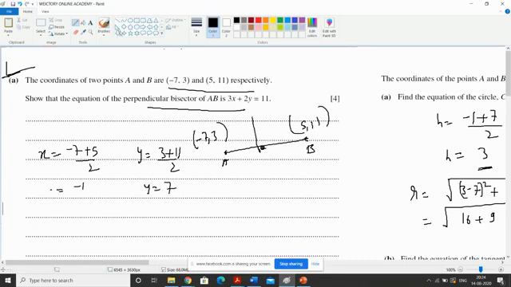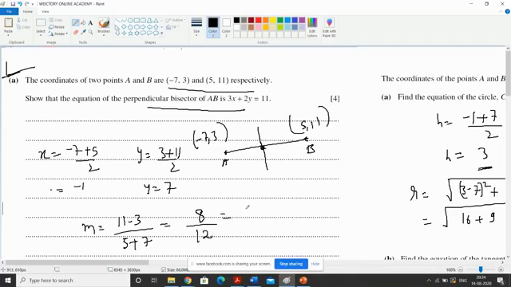Now we need to find the gradient of AB. So the gradient of AB is 11 minus 3 over 5 plus 7. 11 minus 3 is 8, and 5 plus 7 is 12.